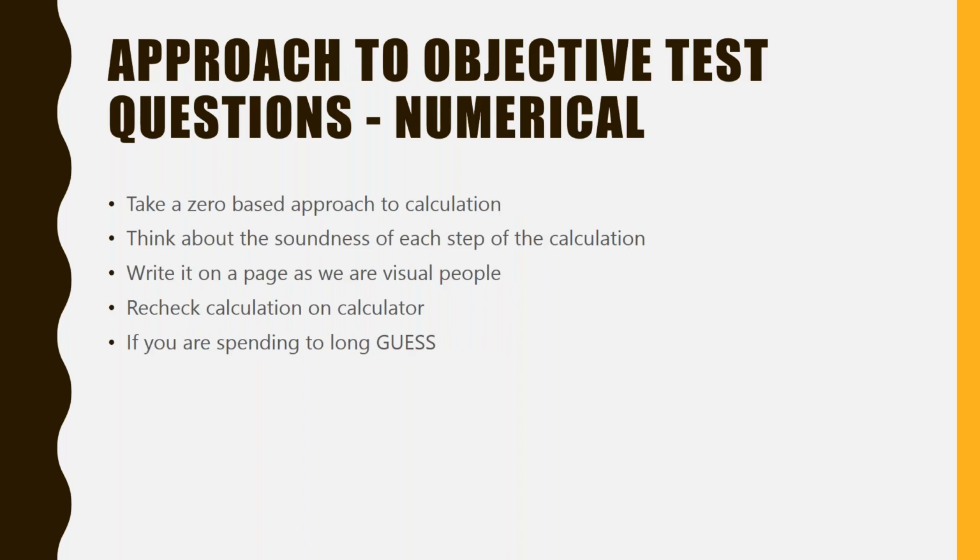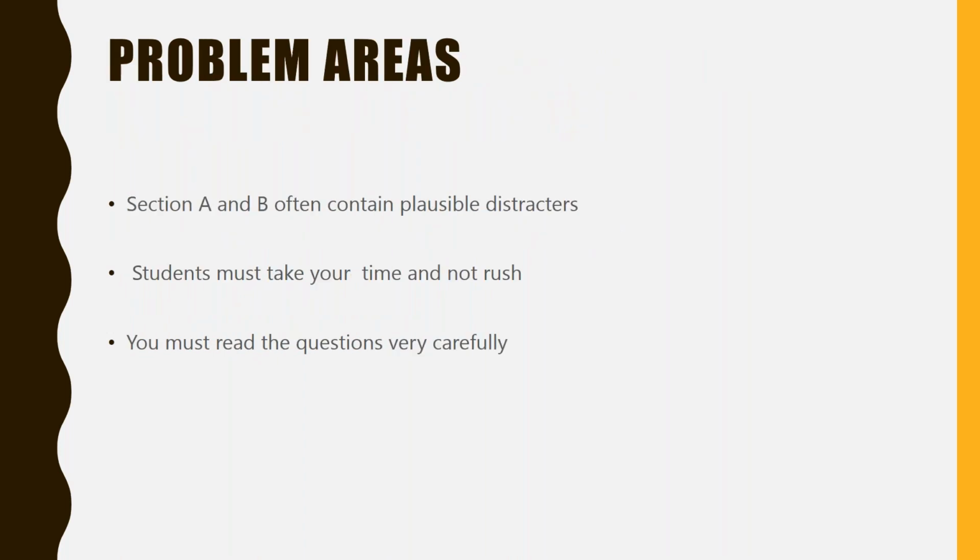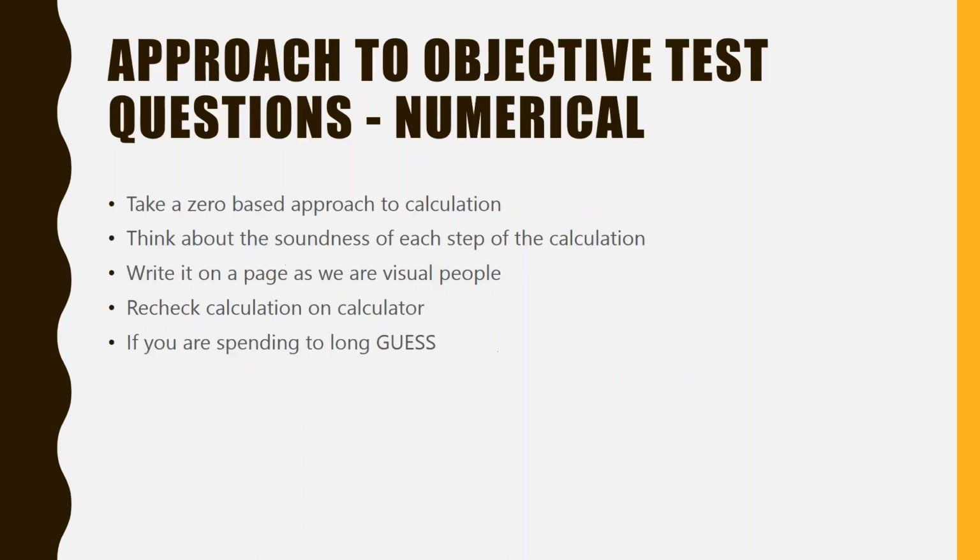Now let's look at the 2 types. First, you have a numerical, and then we'll talk about the narrative. So our numerical: when you're approaching a numerical based objective test question, you should take a zero-based approach to the calculation. So don't look at what the answers are. Take the information and work it out.